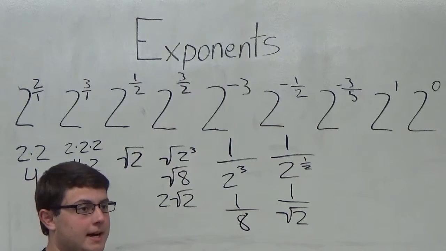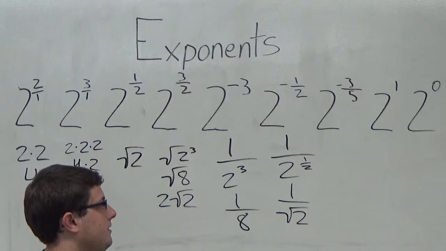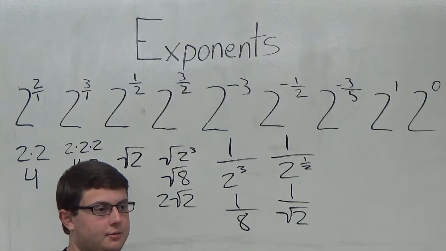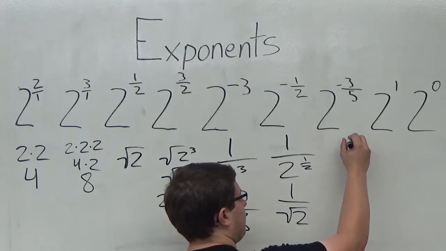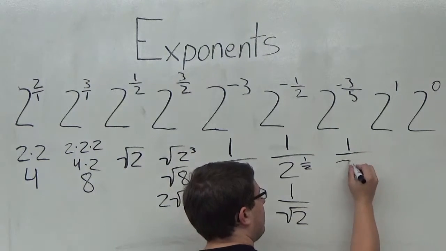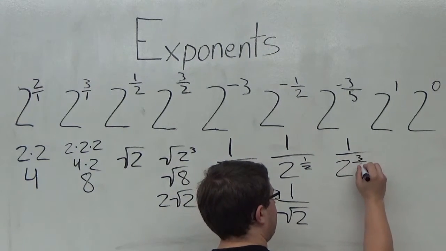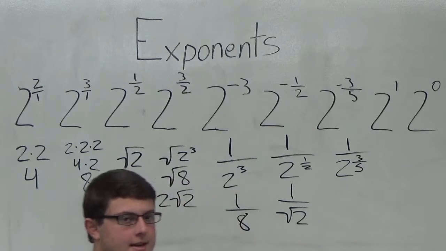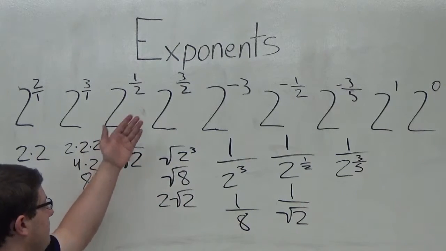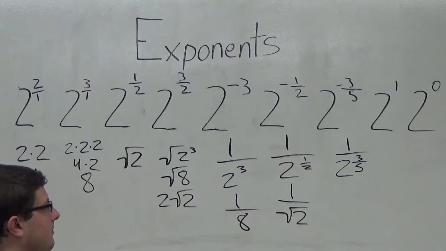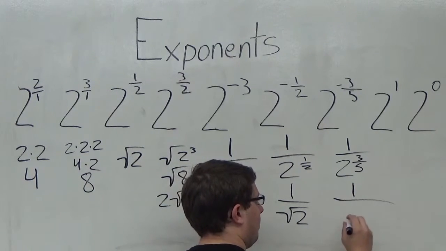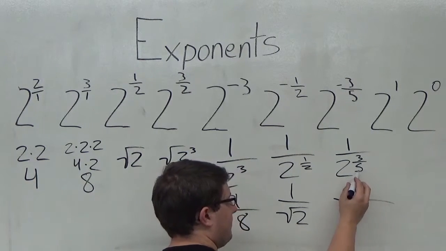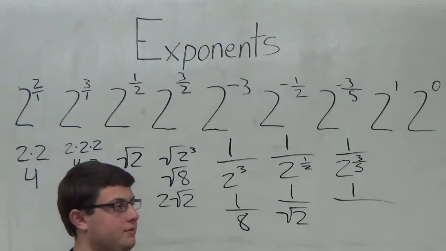Now we're going to combine even more of these rules in this next example. 2 to the negative 3/5 power. So we know it's going to be a fraction to begin with. So it's 1 over 2 to the 3/5. And using these same rules from this problem and from this problem, we know that it's going to be 1 over, and this time instead of the square root of 2, it's going to be the 5th root of 2.